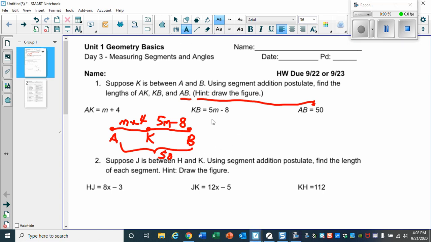So we're going to write our equation as AK plus KB equals AB. We know AK is m plus 4 plus KB is 5m minus 8, and that gives us a grand total of 50.